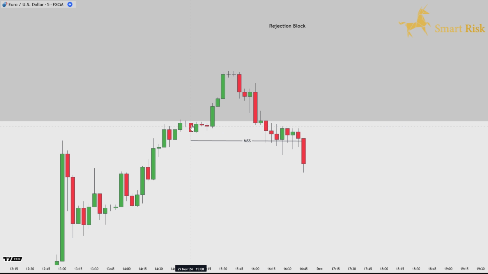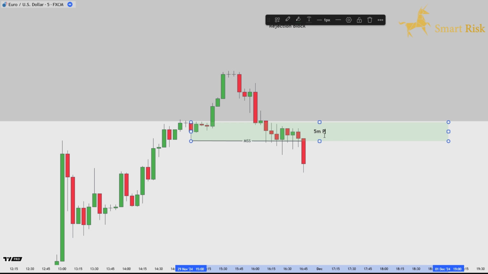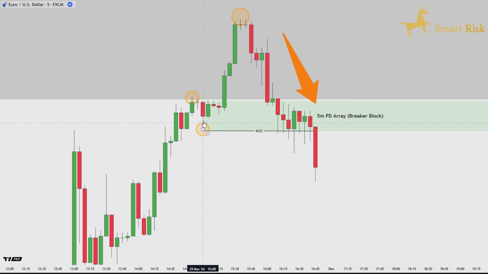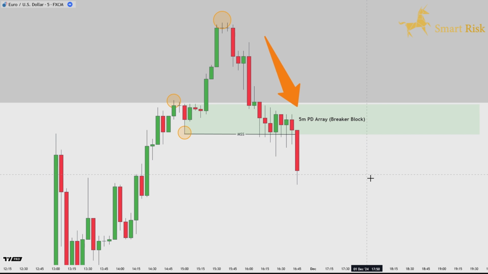Additionally, it created a breaker block, represented by this down close candle. The price formed a swing high, then a swing low, followed by a higher high, before immediately reversing and breaking below this down close candle. Now we have the 5-minute PD array that we were looking to go short.